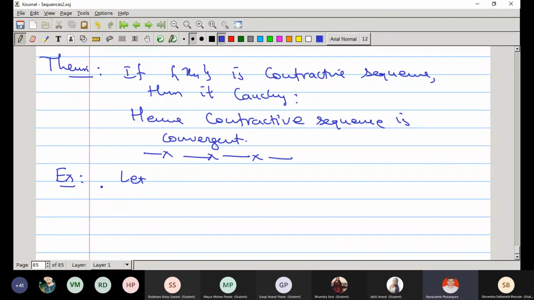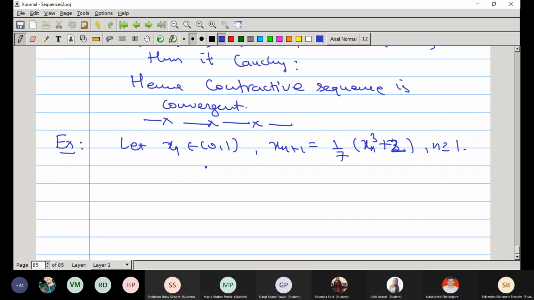Let x1 be a number between 0 and 1, whatever it is, doesn't matter, and xn plus 1 is 1 by 7 times (xn cube plus 2), for n greater than or equal to 1. So in this way I am defining my sequence. Suppose x1 is equal to half, whatever number you select doesn't matter, or for simplicity let x1 be half.